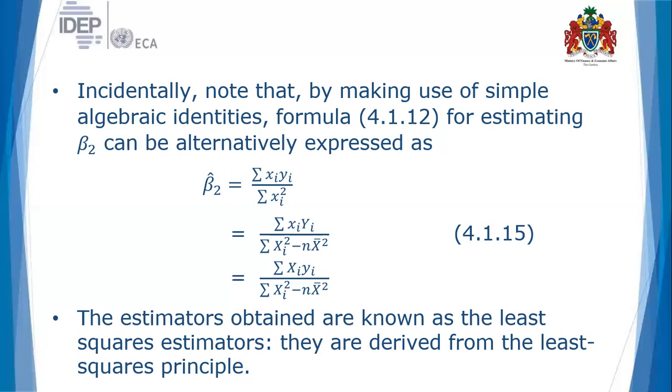So if we were to compute these manually, that's how beta 1 hat and beta 2 hat would be estimated.